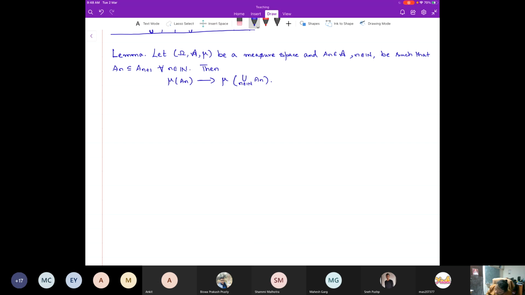Proof. Yeah, so I'll simply say this one, which we have already done. So write union over n in N, An, as union over n in N, Bn, where the Bks are pairwise disjoint.